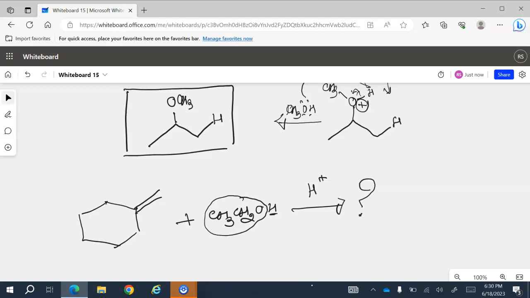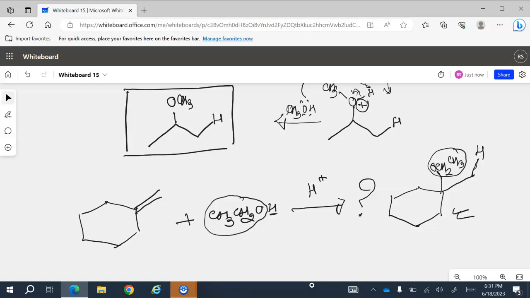Again, it will follow the Markovnikov rule. Therefore, the major product is going to be here. The double bond will go to a single bond. Hydrogen will add to the carbon containing the larger number of hydrogens, and to the other carbon you are adding the OCH2CH3 ethoxide group. So this is how we can predict the product of this reaction.